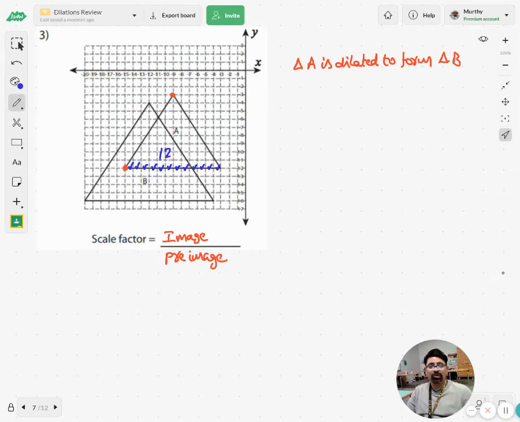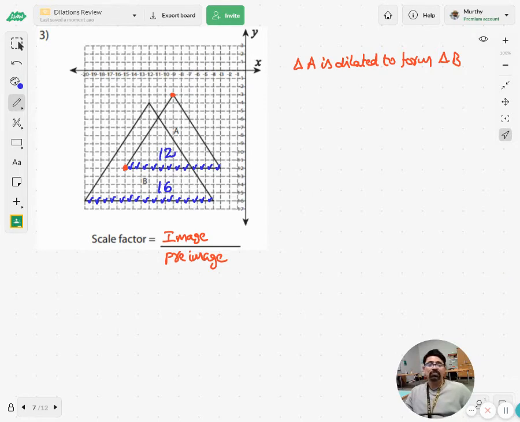Therefore, it is 12 units. And when it comes to triangle B, the larger triangle, let me count the number of blocks here: 1, 2, 3, 4, 5, 6, 7, 8, 9, 10, 11, 12, 13, 14, 15, 16.